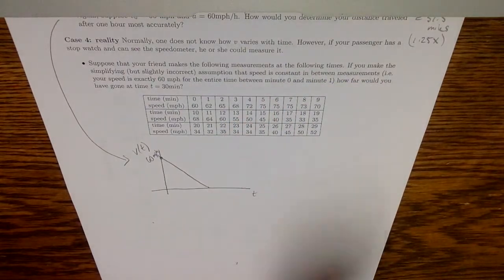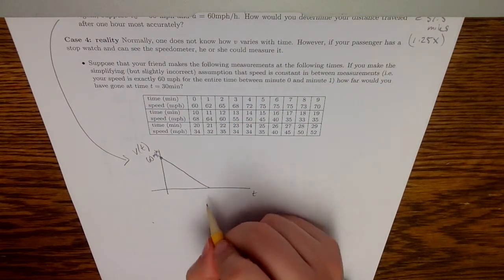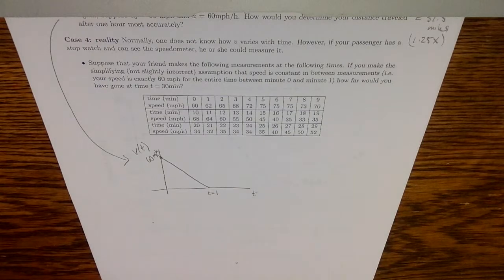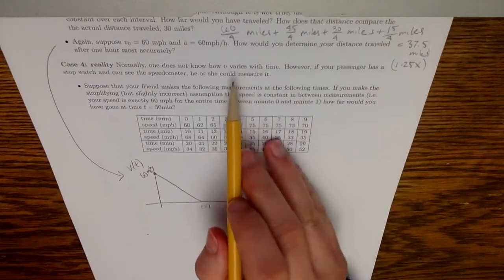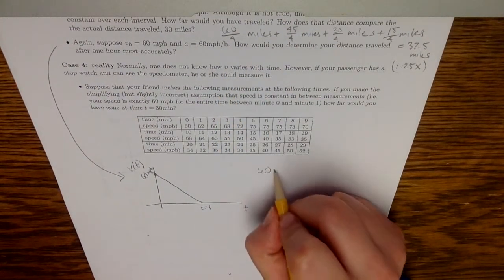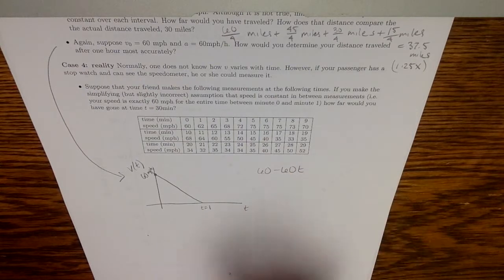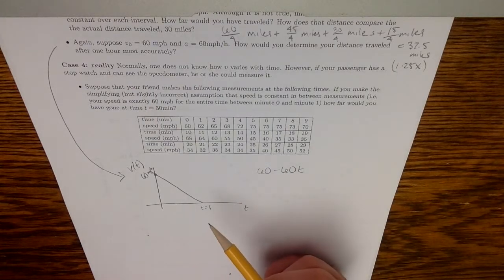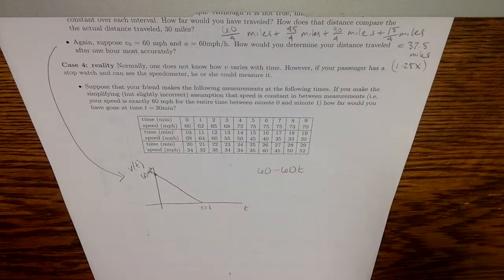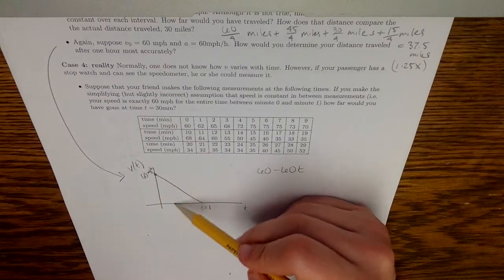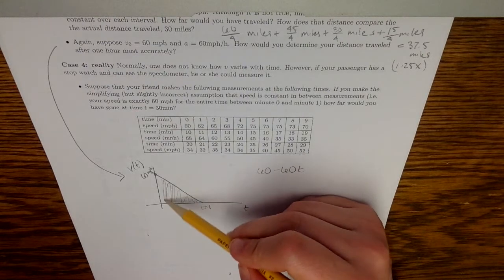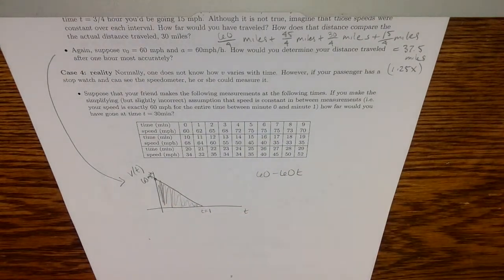Eventually we're going to hit 0, and the place where we hit 0 is exactly at t equals 1 hour, because at that point 60 minus 60t is equal to 0, so we'd be intersecting the x-axis. Now the distance that we've traveled is represented as the area under the speed curve.